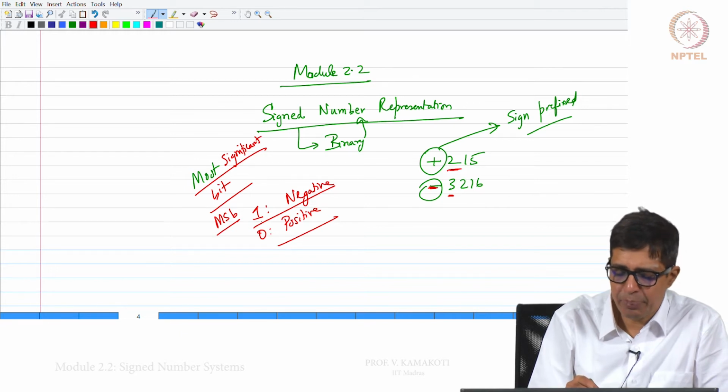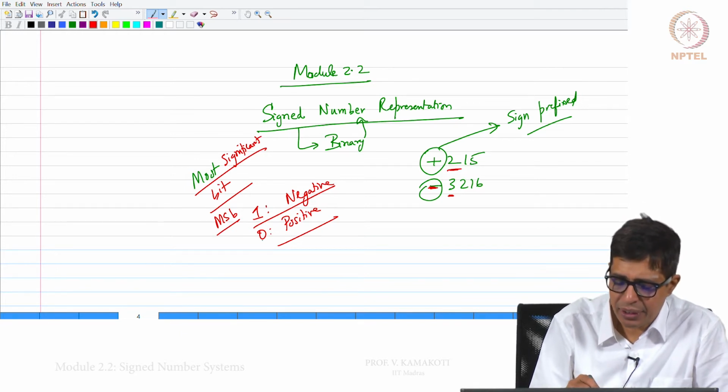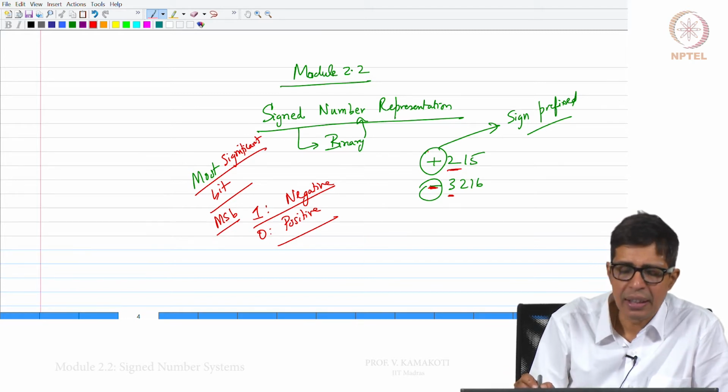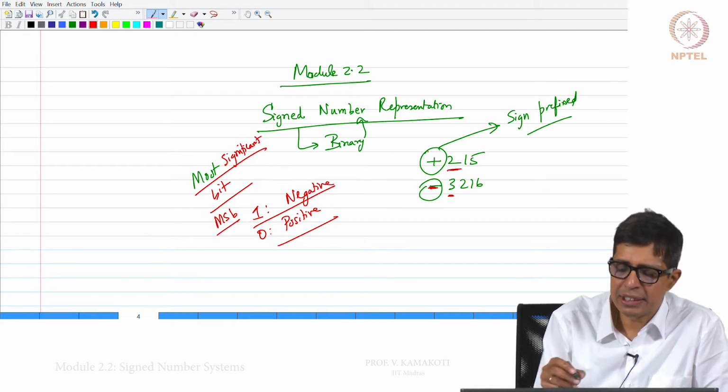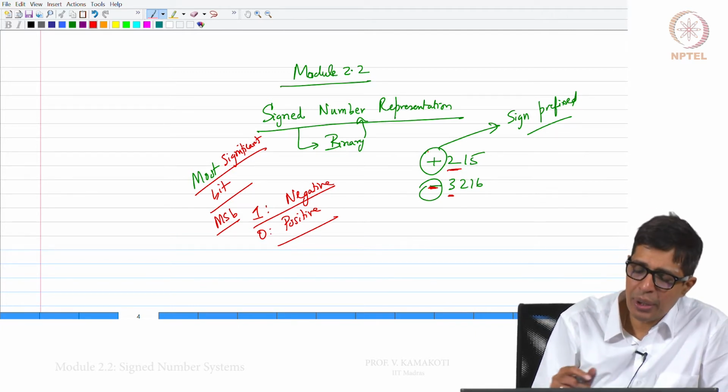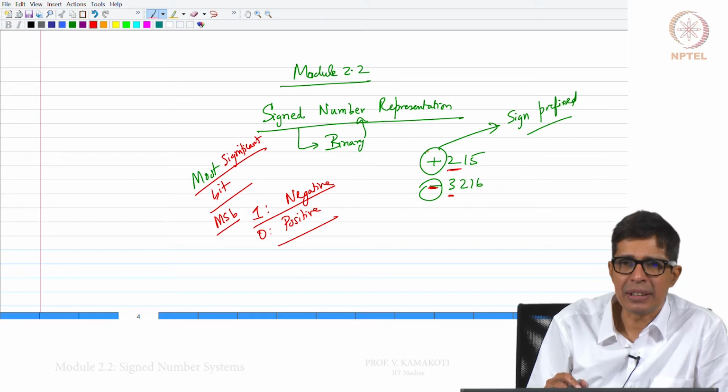If the most significant bit is 1, then it is negative. If it is 0, then it is positive. So, this is how basically we work, and now let us go and see how we are going to do a signed number representation.